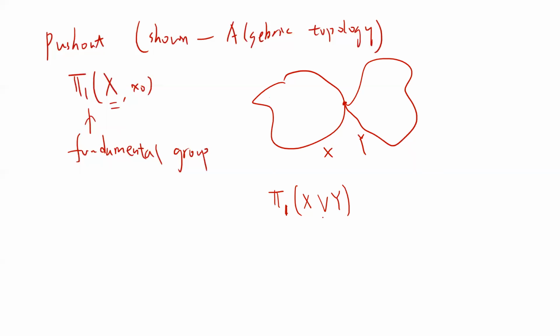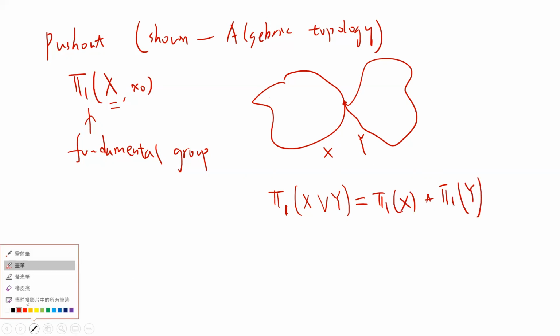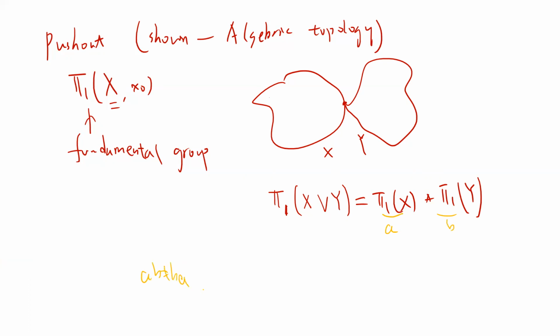If I missed that, you can comment. This X wedge Y gives the free product of the groups of X and Y. Free product means you can say this element is A, this element is B, and AB is not the same as BA. So we can construct A squared B, ABBA, and they are all different, because they only meet at a point and you cannot cut this point. So if you go left and then right, it is not the same as going right and then left.